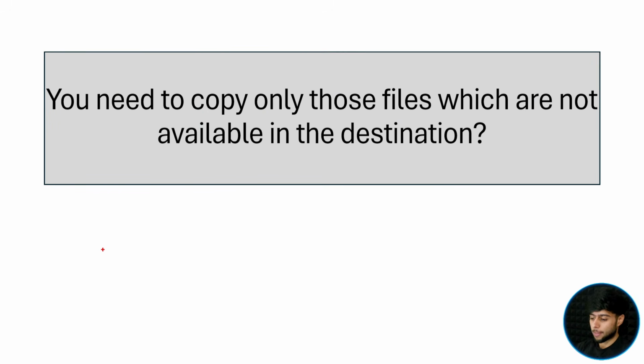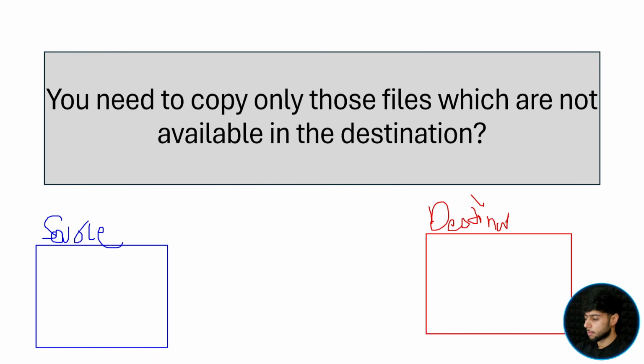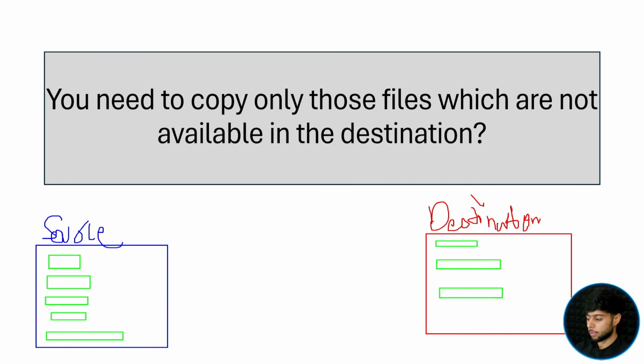Okay, let me just tell you the scenario in detail. Let's say you have your source, and you have your destination. Then you have, let's say, 5 files here, and in destination you just have 3 files, 1, 2, 3.